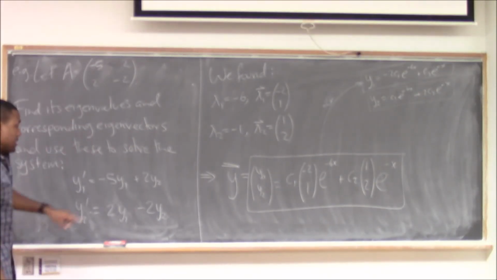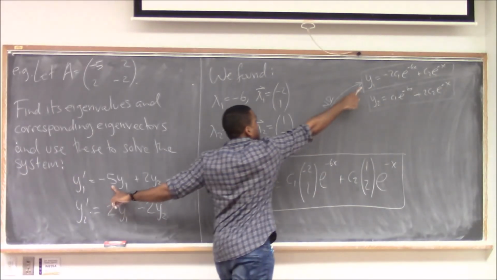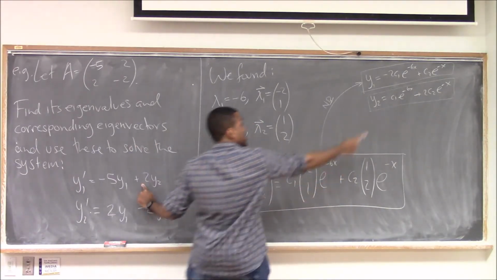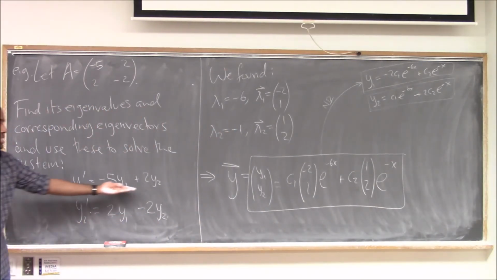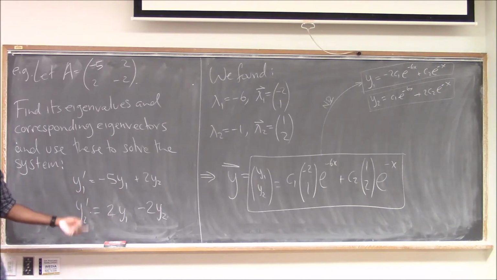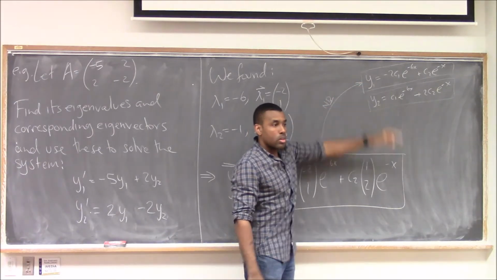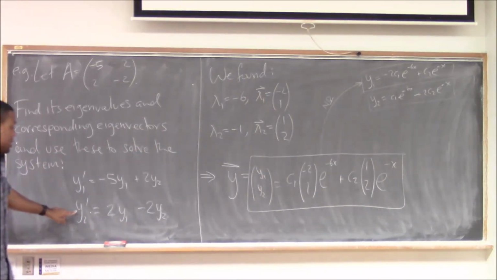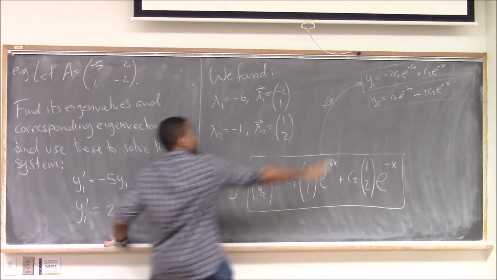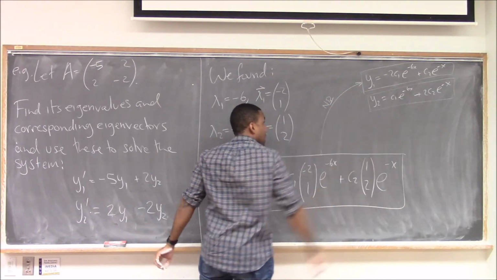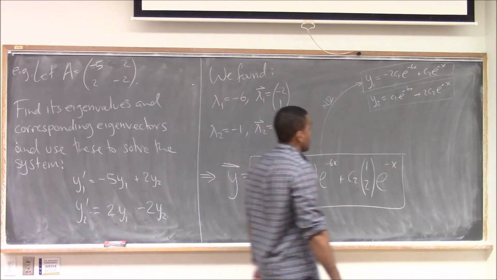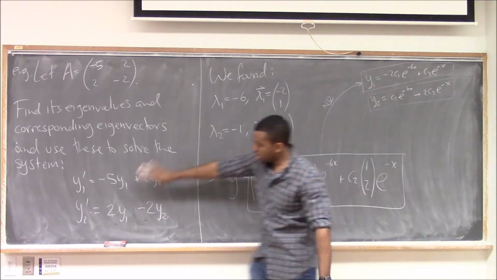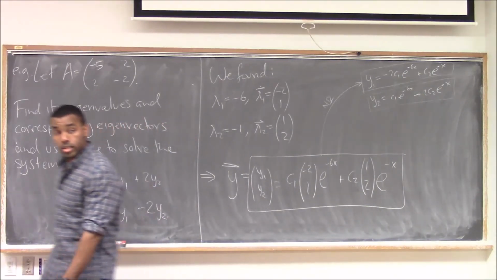Which means if I take minus 5 times this guy plus 2 times this guy, it will be the same value I would get as if I took the derivative of the first one. And the derivative of the second one is if I took 2 times this guy minus 2 times that guy. You can check to verify yourself. If you take the combination of these on the right side, you'll actually get the derivatives on the left side.